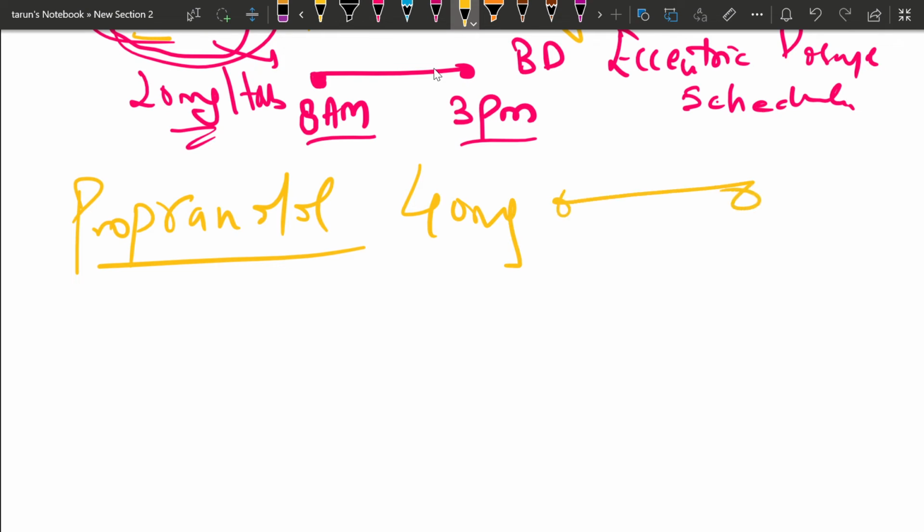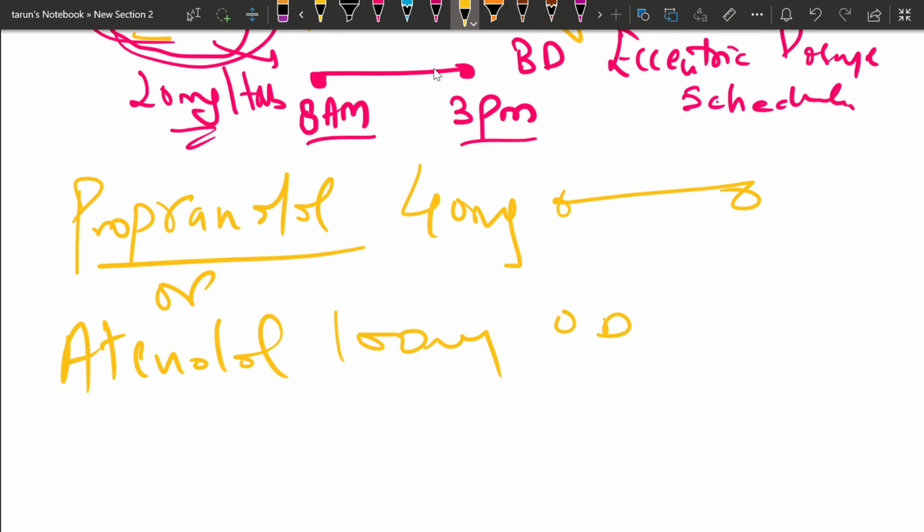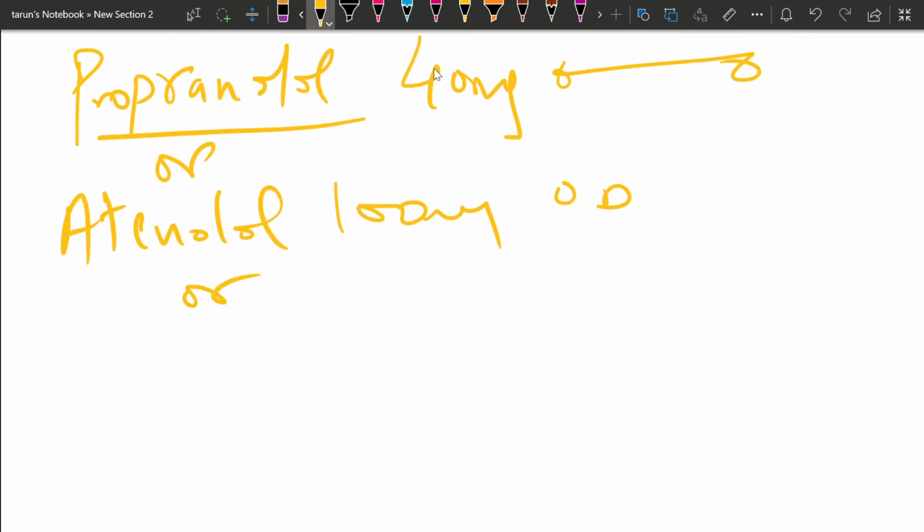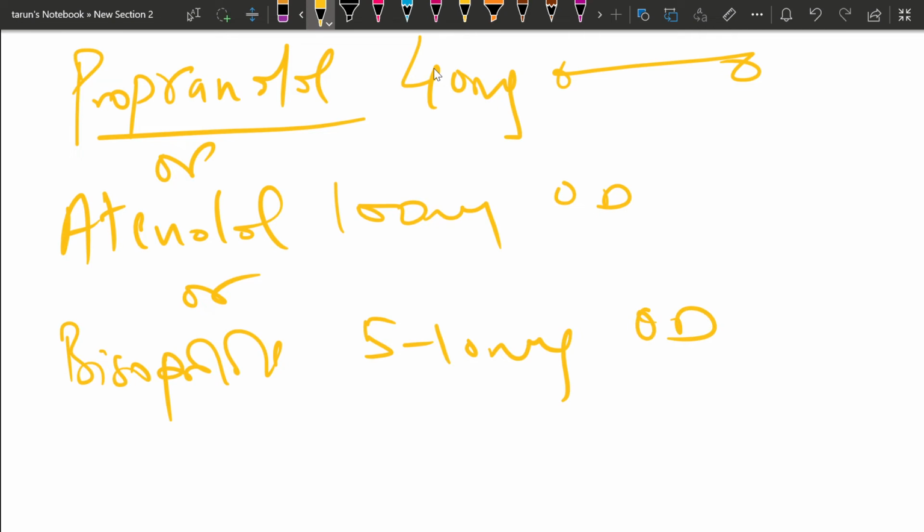Or you can also give atenolol, 100 mg OD, or you can also give bisoprolol, which is a dose of 5 to 10 mg OD. So you can give beta blockers like 40 mg BD dose or 100 mg OD dose, or bisoprolol 5 to 10 mg OD dose. You can try any of them. This has to be continued for preventing the future attacks.